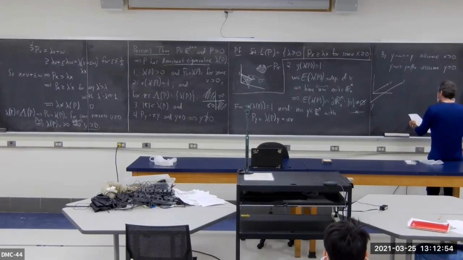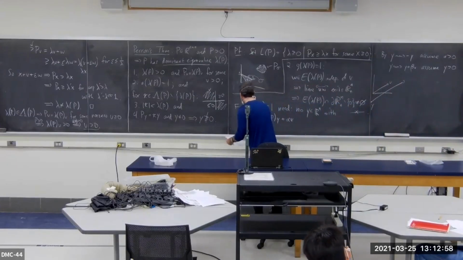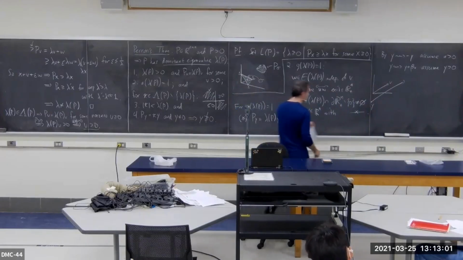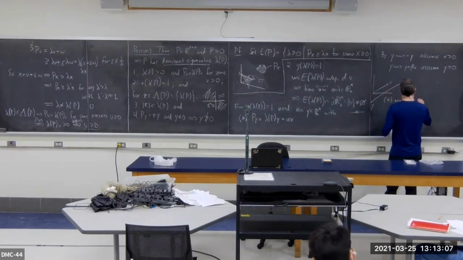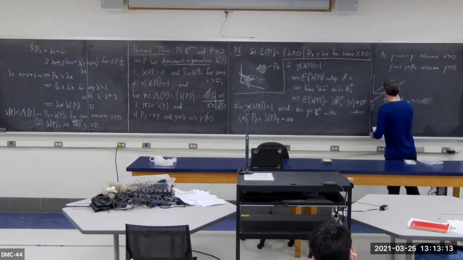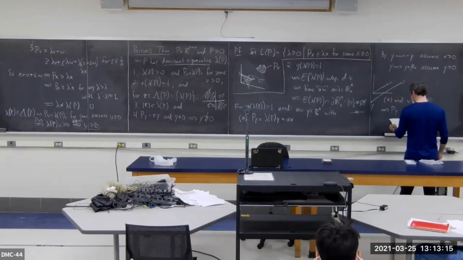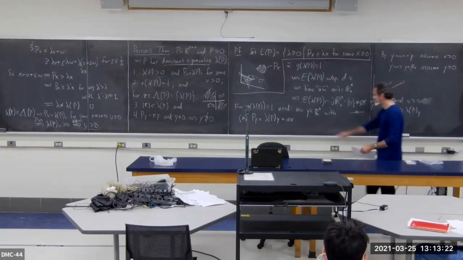Okay, so now we have this equation, star. Star, together with the fact that v is bigger than 0, implies that Py is greater than lambda of P times y, right?